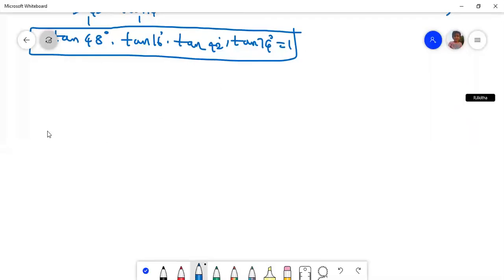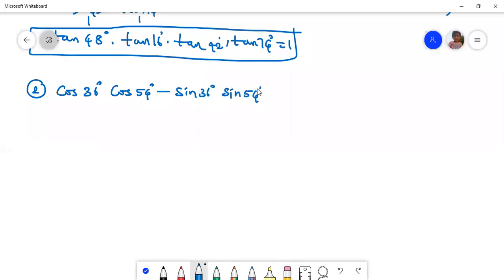Second one: cos 36 degrees into cos 54 degrees minus sin 36 degrees sin 54 degrees equal to 0. We can show that one. First, we take the LHS.